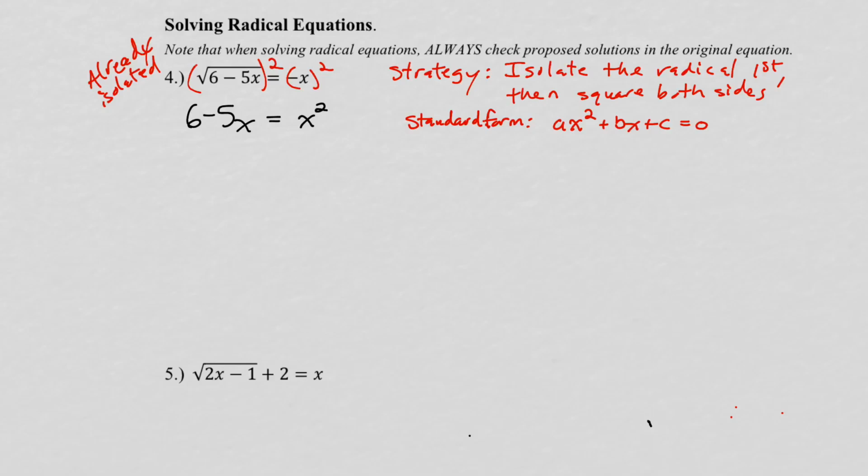Doesn't matter which side. So since the x squared is already on the right, I'm going to go ahead and move the 6 to the right and this term. So I'm going to just move them at the same time, which is fine. Let me fix some stray marks down here. Okay, so what that's going to do is make this as so. Okay. So we can go ahead and rewrite this.